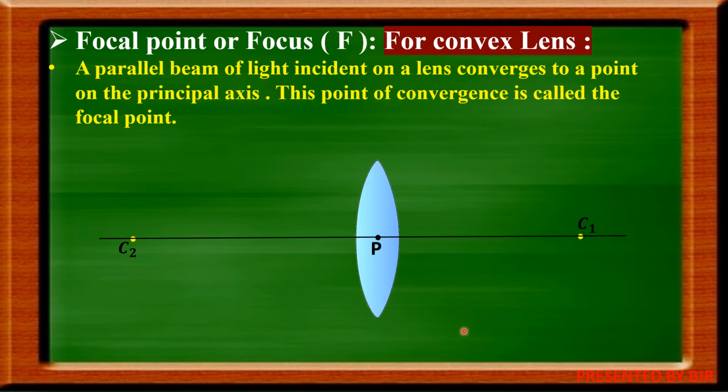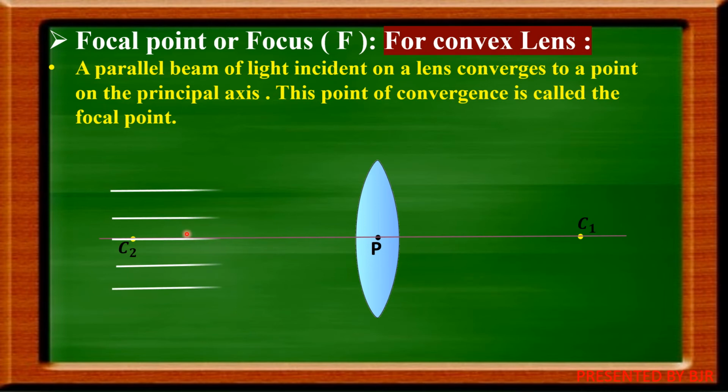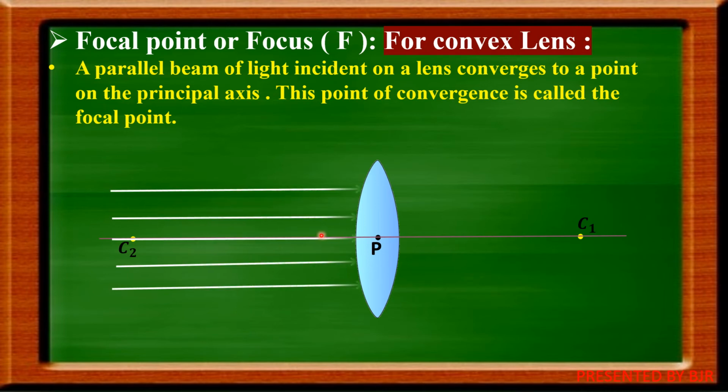They will get refracted. After refraction, the refracted rays will cross at one point on the principal axis, and all the refracted rays will converge to a point on the principal axis. That point of convergence is called the focal point of the convex lens. See here, these are the parallel rays, parallel to the principal axis also.